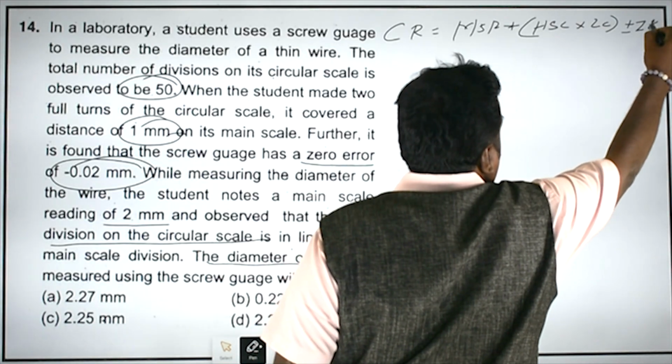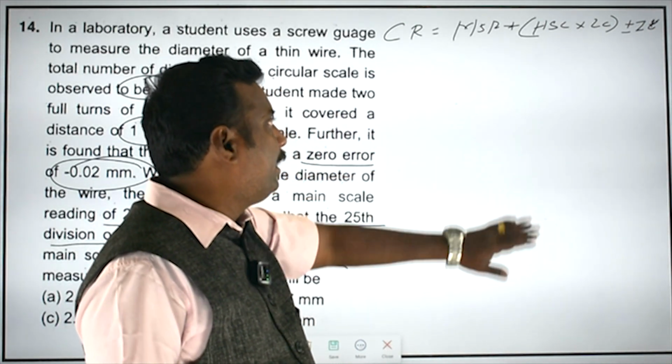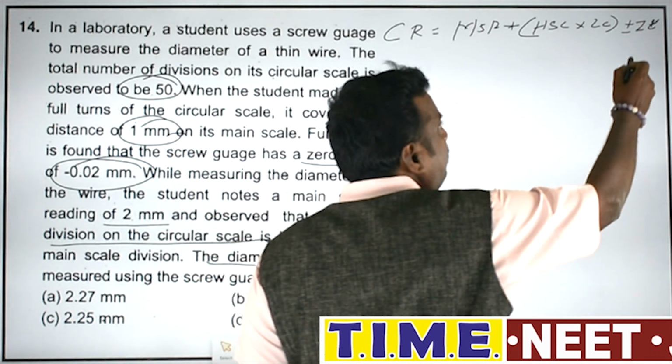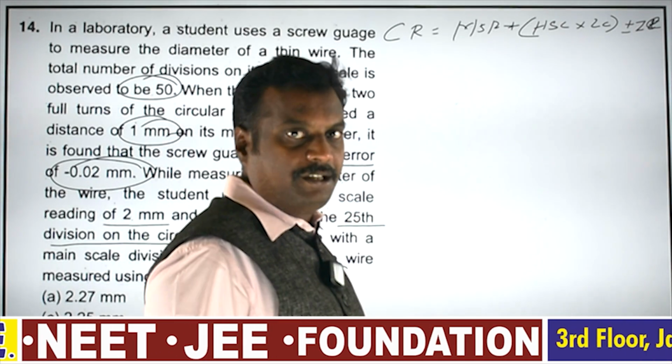This is a formula, right? Now, instead of zero error, let's change this to zero correction. Whatever the zero error is, the zero correction will be of the opposite sign, right?